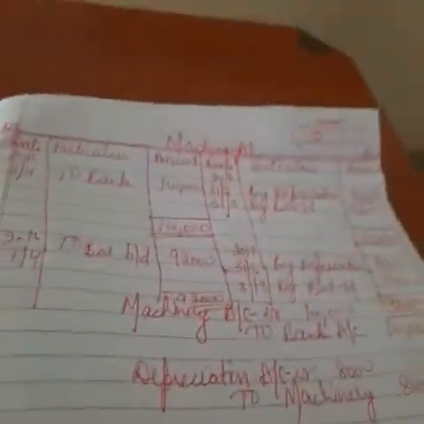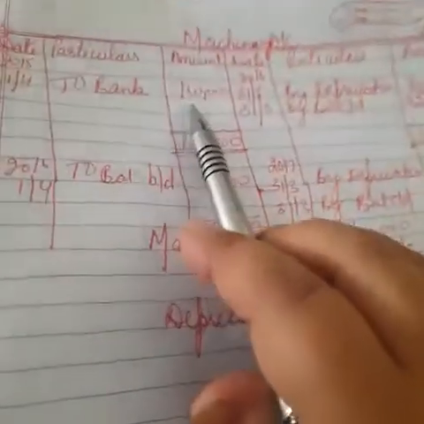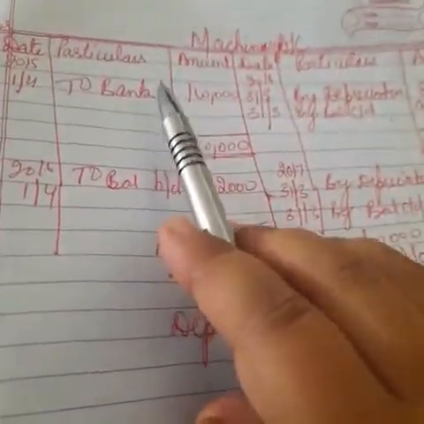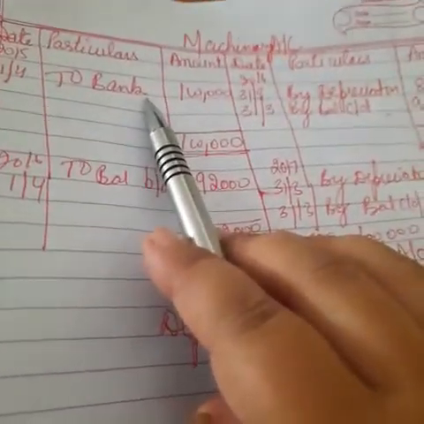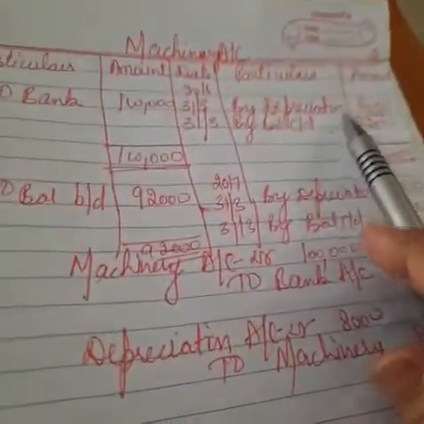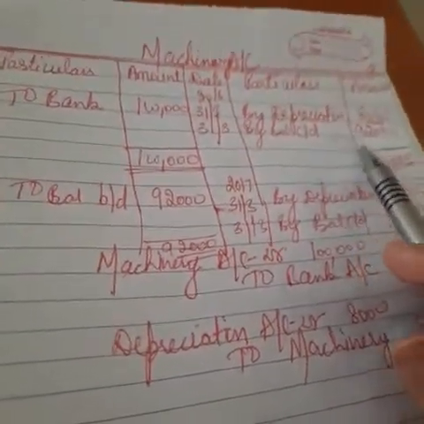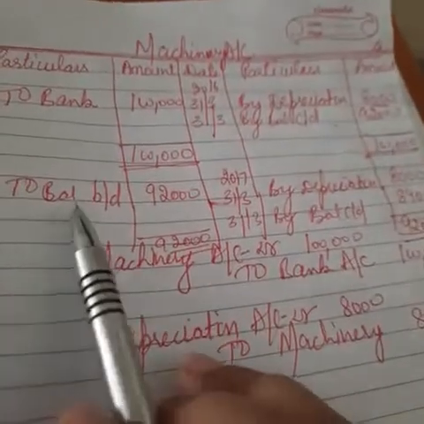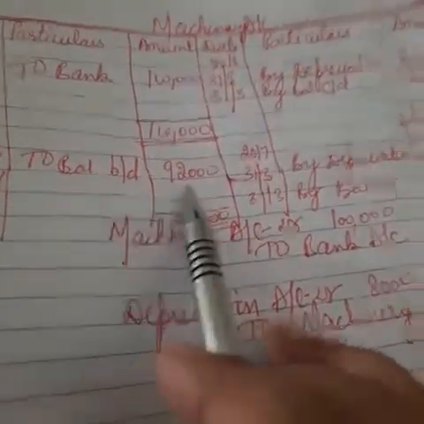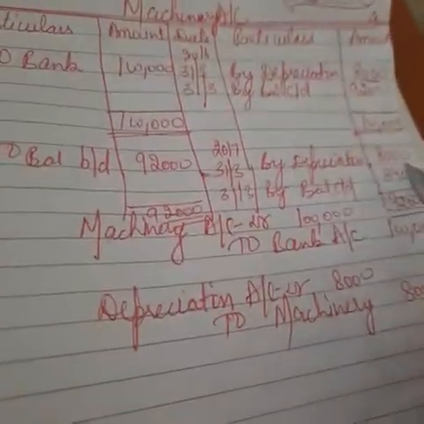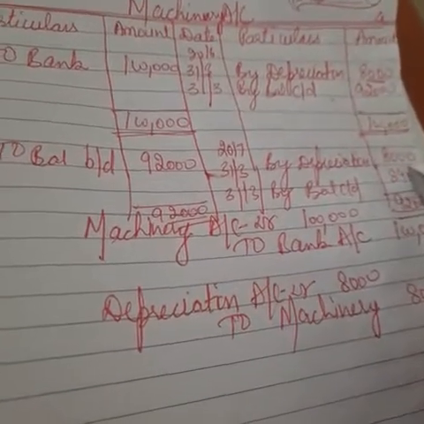So you are getting, this is very easy to maintain. You just have to pass the journal entry when you will purchase any particular asset, then charge depreciation, calculate the balance amount and carry forward this balance amount to the next year by writing balance brought down. Again charge depreciation, the same amount, the fixed amount of depreciation.